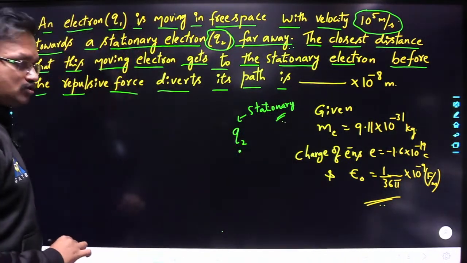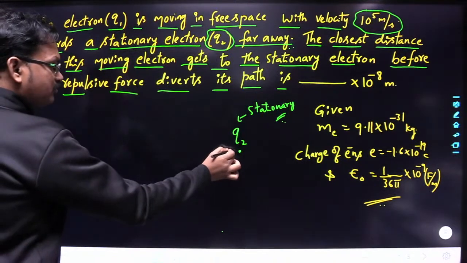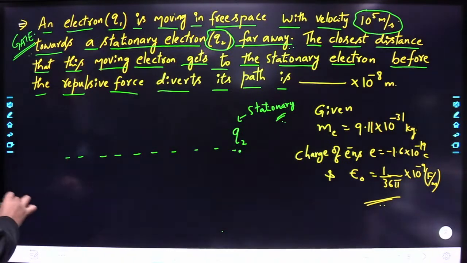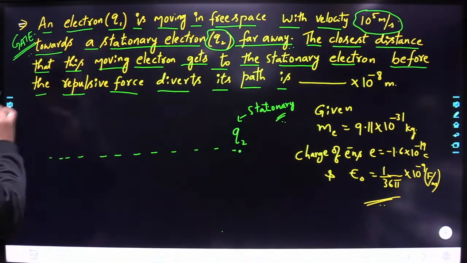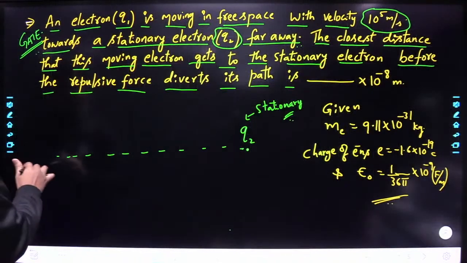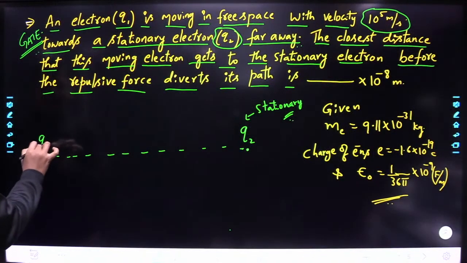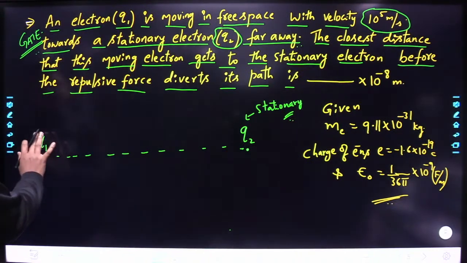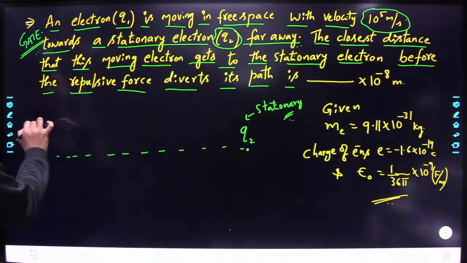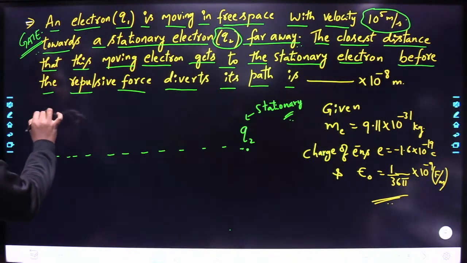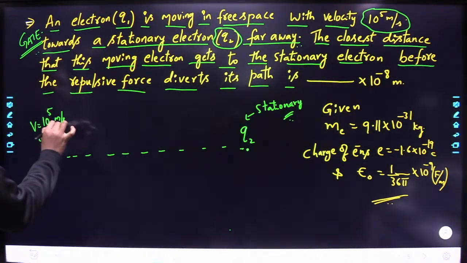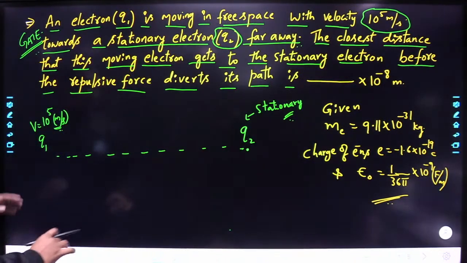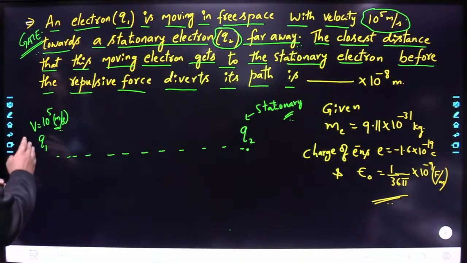Now from very far away from Q2, you have another electron, Q1, moving with velocity V equal to 10 to the power of 5 meters per second.